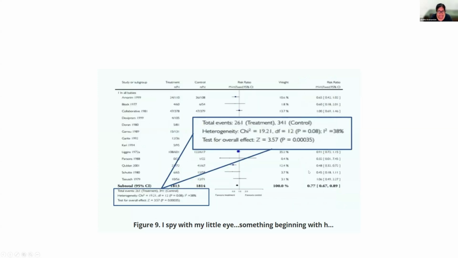So one more thing that we get at the end of this forest plot is the heterogeneity, which is depicted by the statistic I-square. Preferably, we want the I-square statistic to be less than 50%. So in this example, it is 38%. If it is above 50%, then it just implies that the studies that you have collated together have heterogeneity.